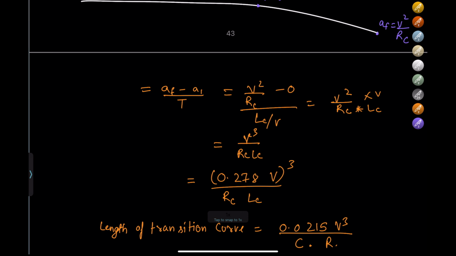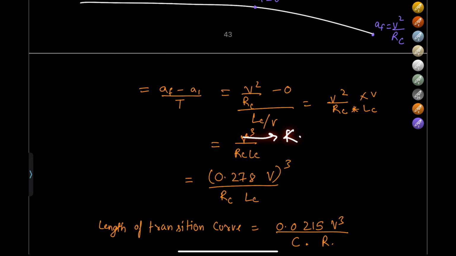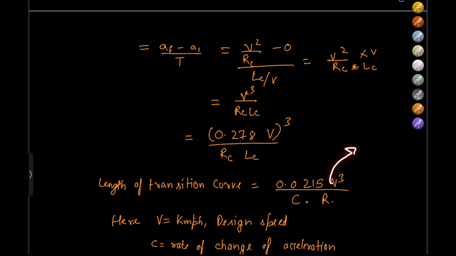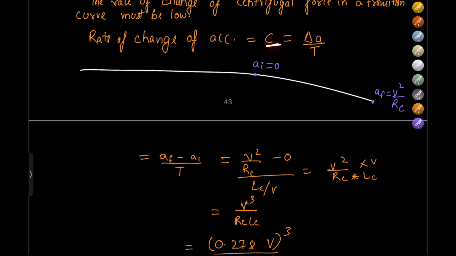Sorry, this is the value in kilometer per hour. We need to convert it into meter per second. We will multiply it by 0.278, and here we can input the value of design speed in kilometer per hour as it is. So when we cube this, we find the value of 0.0215 and R C into LC. Here this whole value is equal to C.